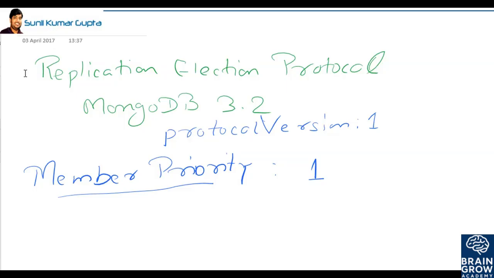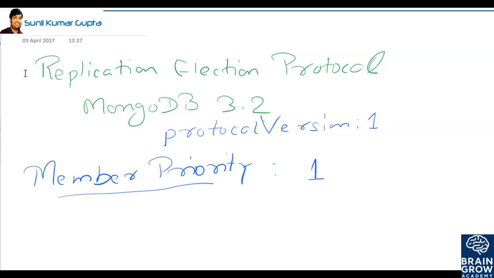Member priority is going to affect the election and the outcome as well, because the secondary member with the highest priority can call an election. It's not that only the member with the highest priority can call the election; even lower priority secondaries can also call for an election, but that probability is very low, and their chances of winning are also very low.